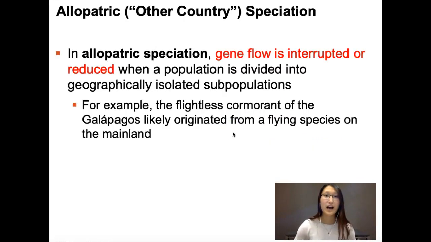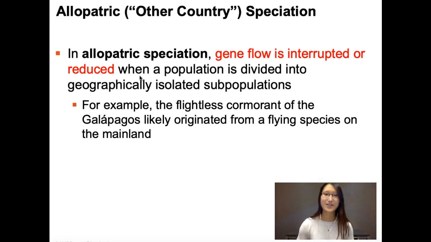So moving on, in allopatric speciation, here's their definition. Gene flow is interrupted or reduced when a population is divided into two geographically isolated subpopulations. So if you look at your notes, the first picture of the horse and the unicorn, they're separated by this river, right?